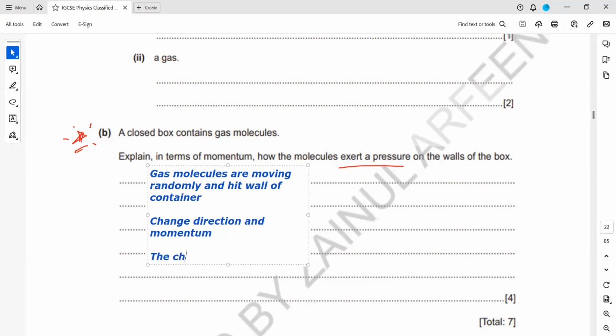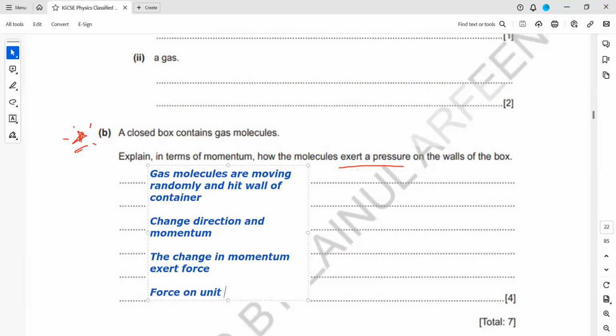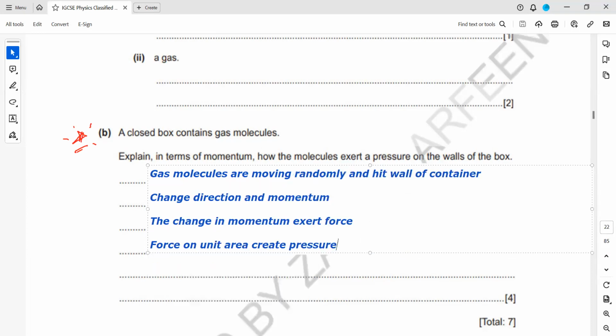The change in momentum, due to the change in momentum, exert force, and the force on unit area will create a pressure. So this is always the case whenever you see a question to relate the momentum and the pressure, you should always use these 4 points.